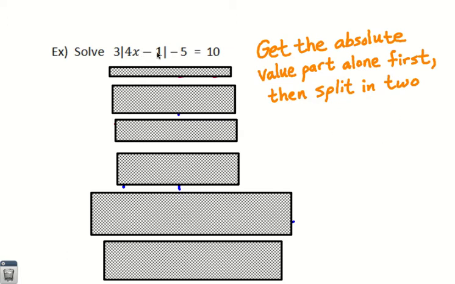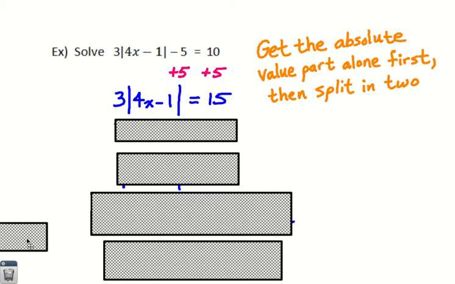Here, the first thing I would do is get this minus 5 away from that entire side by adding 5 to both sides, which starts to get the absolute value part by itself, and the other side becomes a 15. Then the next thing we would do is divide both sides by 3.